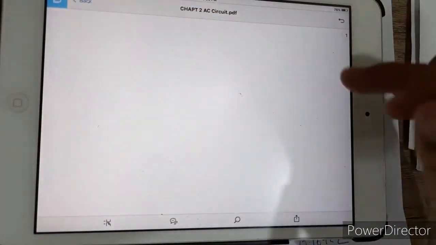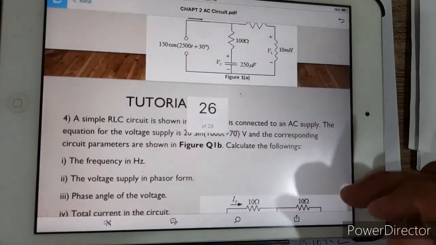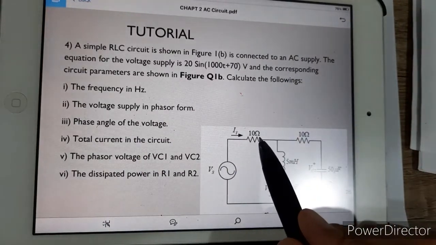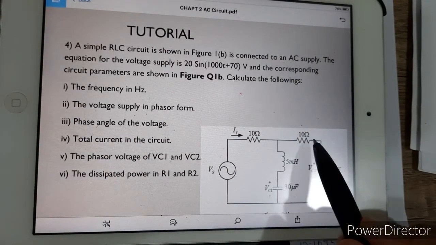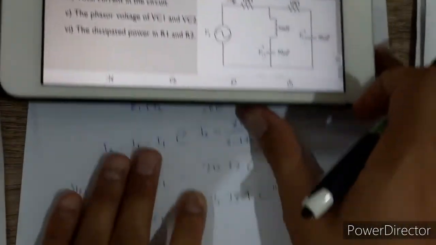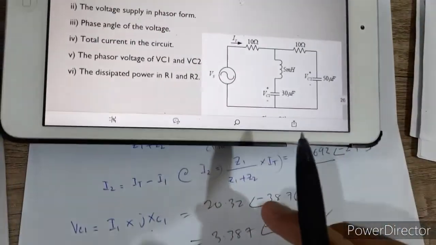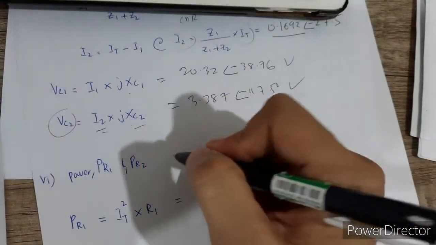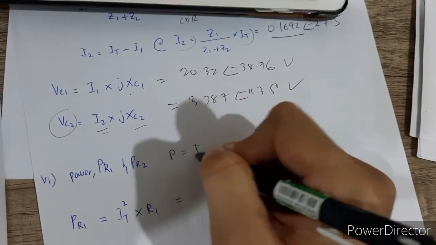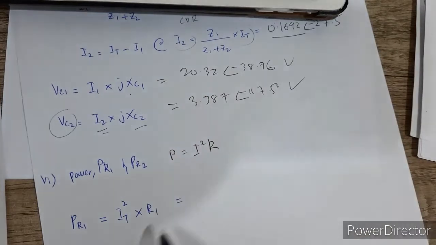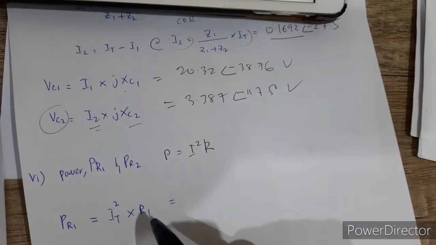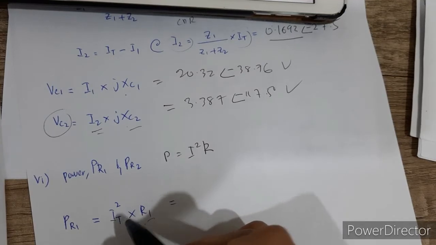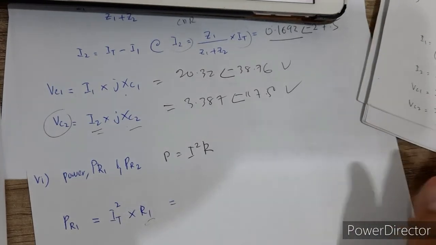This is PR1 across R1, and this is PR2 across R2. For PR1, the current that flows through R1 is I total. Remember the formula P equals I squared R. In this case, the current flowing through R1 is I total squared.